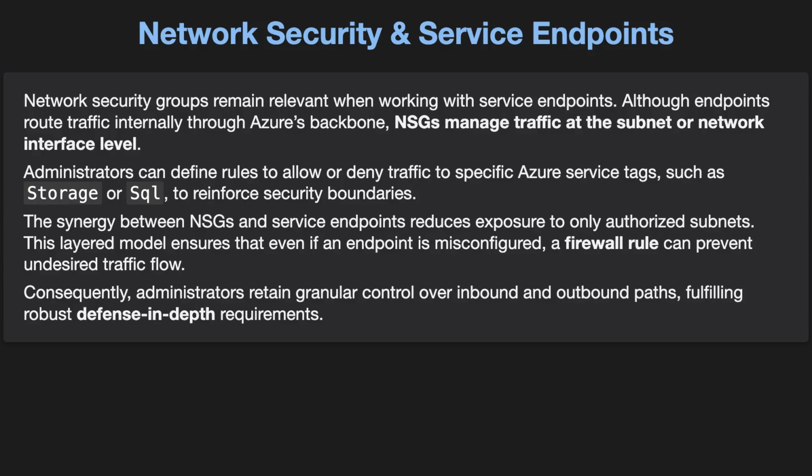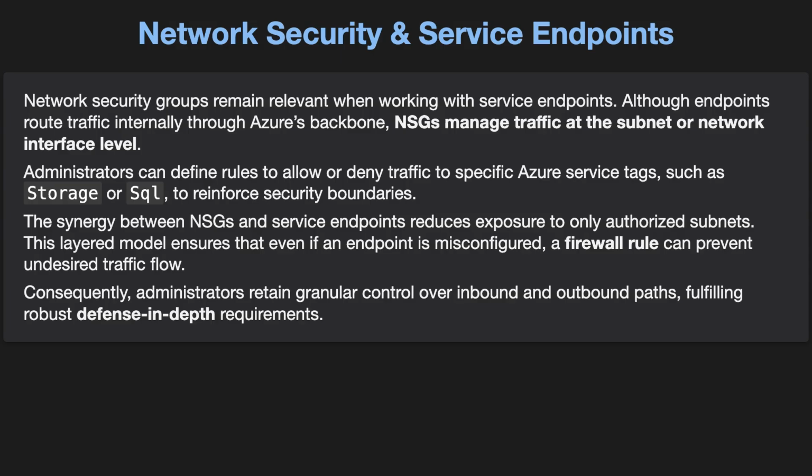Network security groups remain relevant when working with service endpoints. Although endpoints route traffic internally through Azure's backbone, NSGs manage traffic at the subnet or network interface level. Administrators can define rules to allow or deny traffic to specific Azure service tags, such as storage or SQL, to reinforce security boundaries.